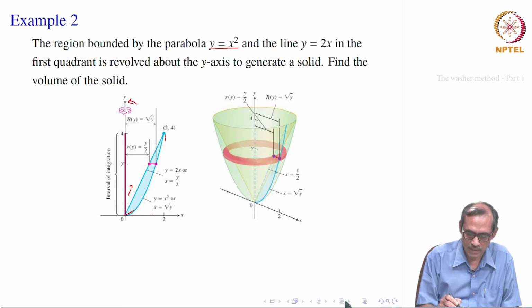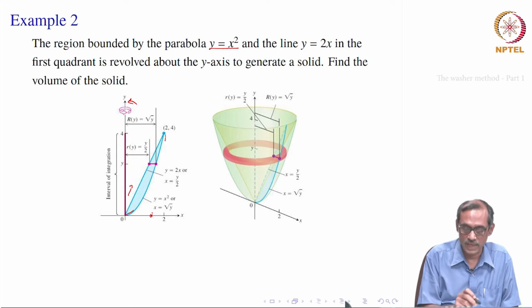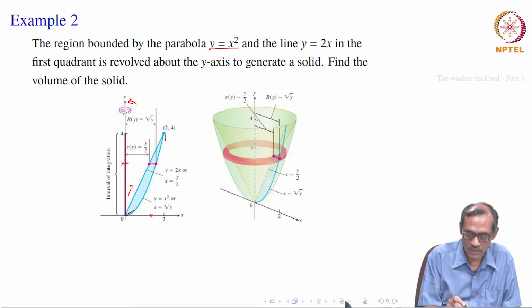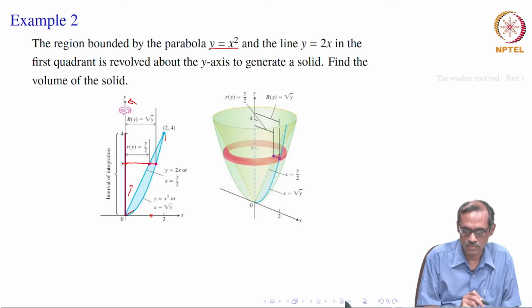So, you take any point x here, but it is revolved around y. So, you start with y. So, corresponding to that we have the outer radius as this full red line, and then inner radius is this curvy line, that length. So, that binds us from x equal to 0 or the y axis to the line y equal to 2x.